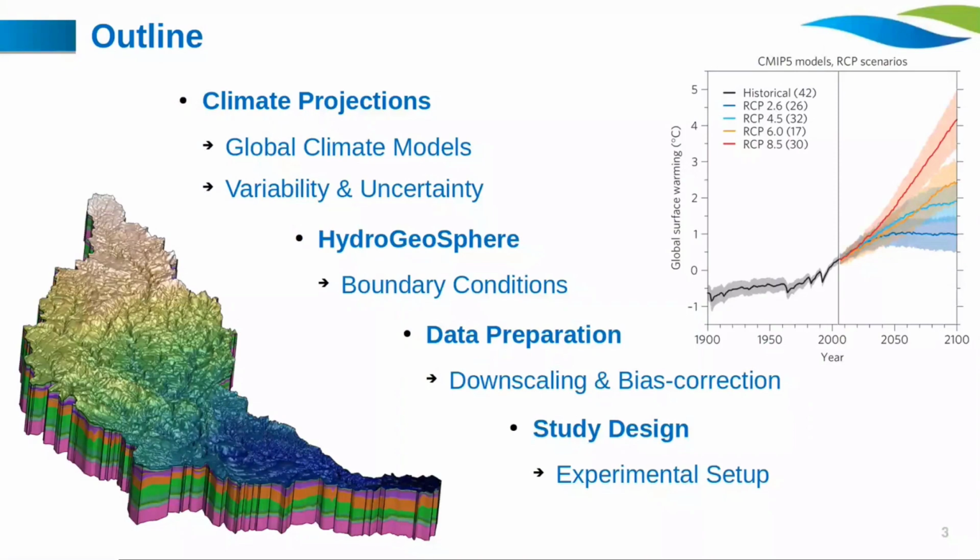Then there's a section about data preparation, and that also includes downscaling, bias correction, and some data sources. And then we'll close with a case study where I'll walk you through a climate change impact analysis that we've done. And then you'll have the opportunity to ask questions and maybe also interrogate our choices there.